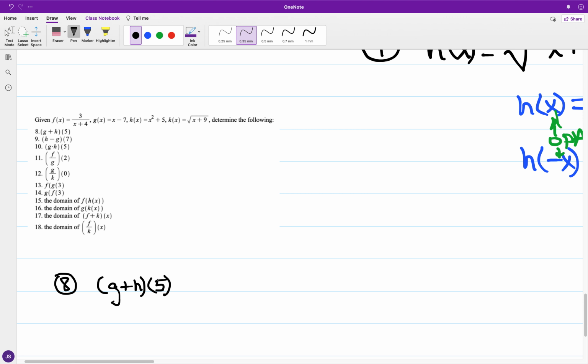We have the sum function with a specified input value. So g plus h of 5 translates out to g of 5 plus h of 5.